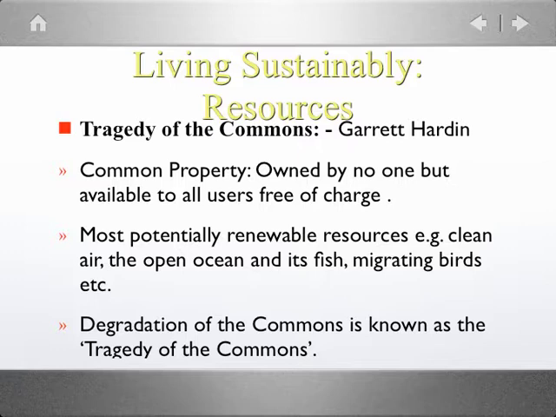This is property owned by no one, but available to all users free of charge. Most potentially renewable resources, clean air, the open ocean, its fish, migrating birds, etc. These are things that are not owned by anyone. Then we have environmental degradation of this common property. That's what we then term tragedy of the commons.